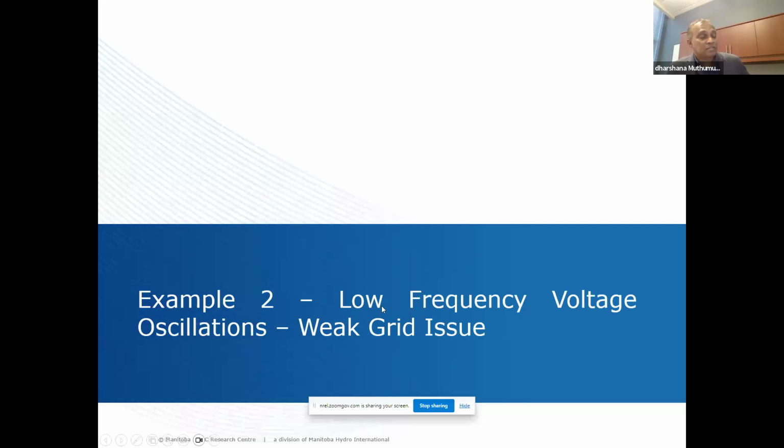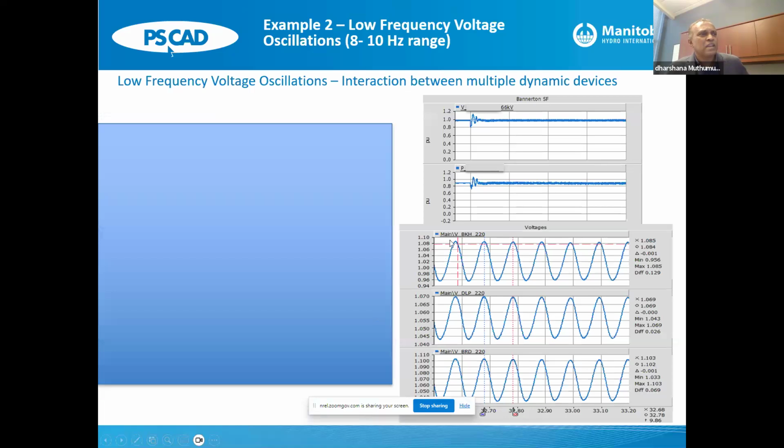The second example, again first identified in Australia, is low frequency oscillations, voltage oscillations. These are 8 to 10 hertz type oscillations of very low magnitude. I can't show you this example for IBR regions, but these were identified first in Australia and they were observed in England and other places as well. So in weak areas with multiple IBR plants, we have experienced very low magnitude but 8 to 10 hertz oscillations.